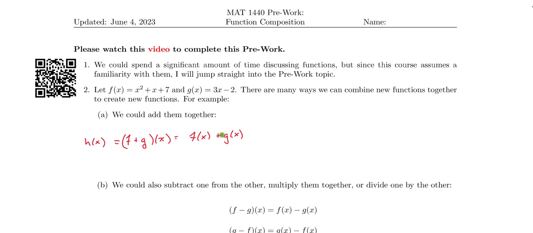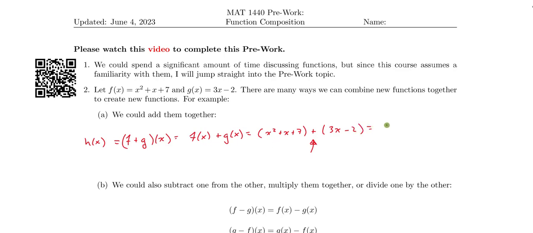So you take an input, plug it into f, gives you an output. You plug an input into g, it gives you an output. We're going to add the two outputs together to get the sum of these two functions. So this is really straightforward in that all I have to do is take the first function, and it makes sense what it means to add them together in the sense of adding polynomials or adding expressions that we've seen before.